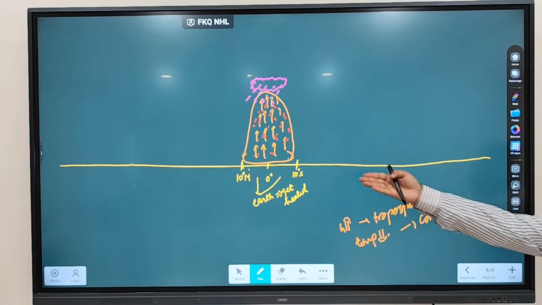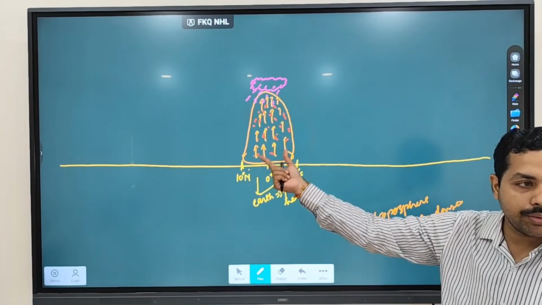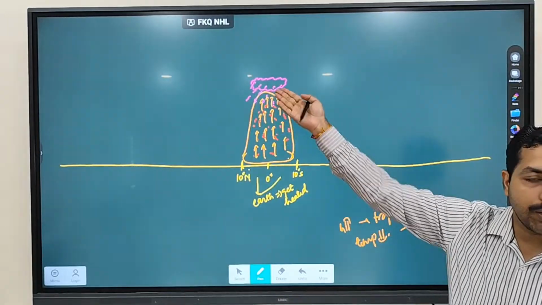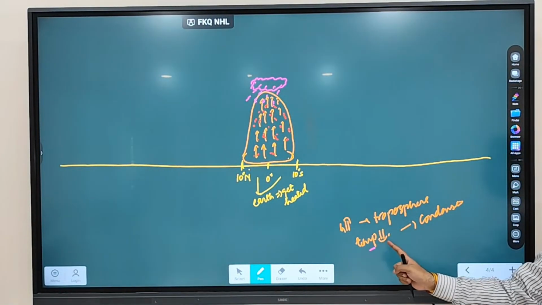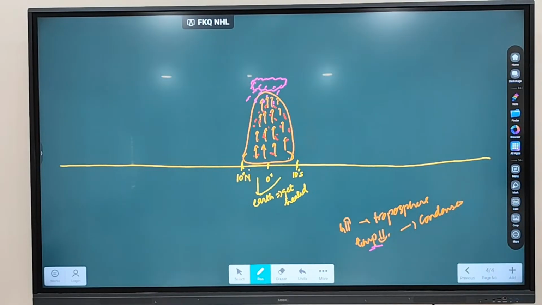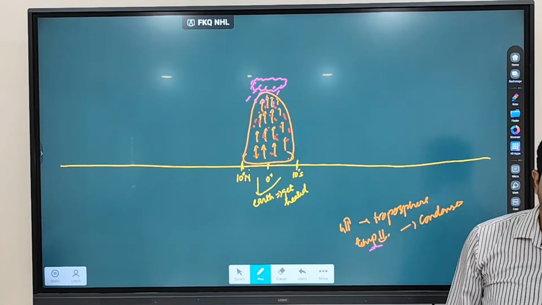Fine. So why is the air moving up? Because the equatorial region is heated, so the air will also get heated. When air is heated, it will rise up. As the temperature decreases, the moisture present in the air will condense, and this moisture will create clouds and rainfall. Clear?